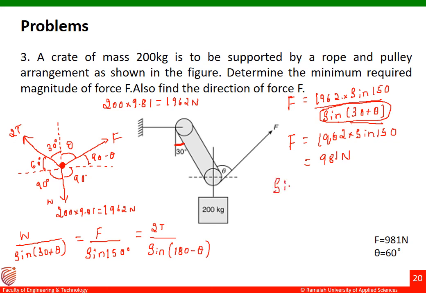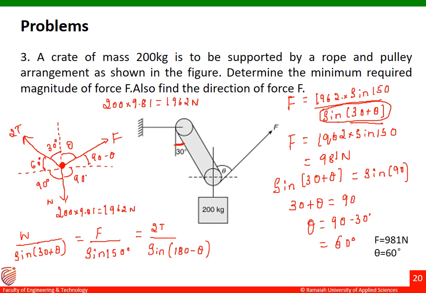So the condition I have taken here is sine of (30 plus theta) equals sine 90 degrees. I'll equate these two and find out the answer for theta. 30 plus theta is equal to 90 degrees, so theta is 90 minus 30, which gives 60 degrees. This is how we find the answer for F and theta.